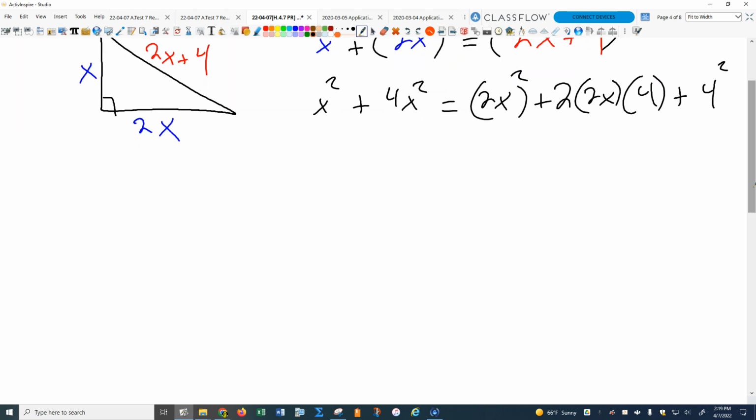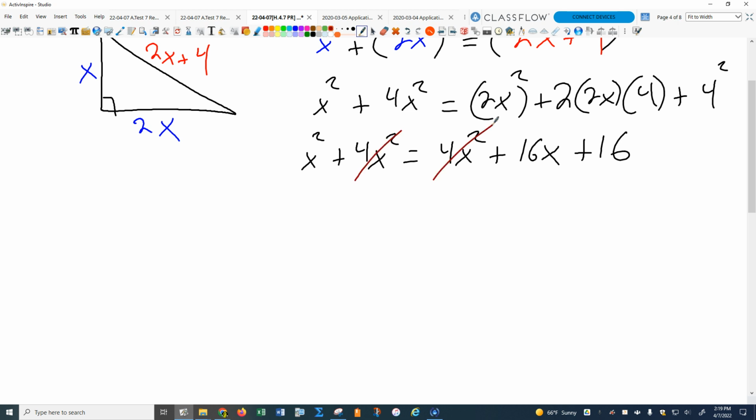Okay, so then we end up with x squared plus 4x squared equals 4x squared plus 4x times 4 is 16x plus 16. Okay, well look, we've got a little bit of cancellation. I could subtract 4x squared from both sides. I'll push everything over to the left side and put this in standard form, right? Everybody good so far? Okay. Any red flags here? Anybody need me to redo any of that?